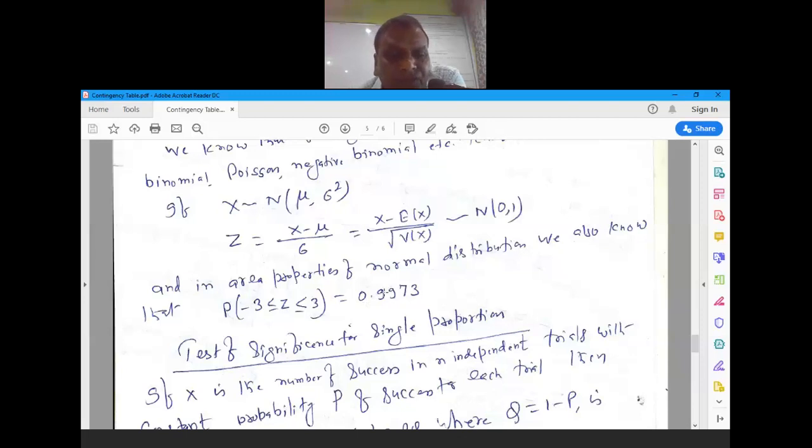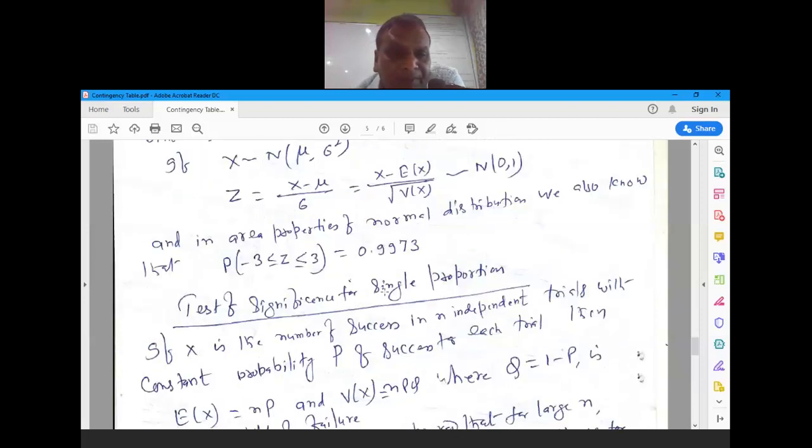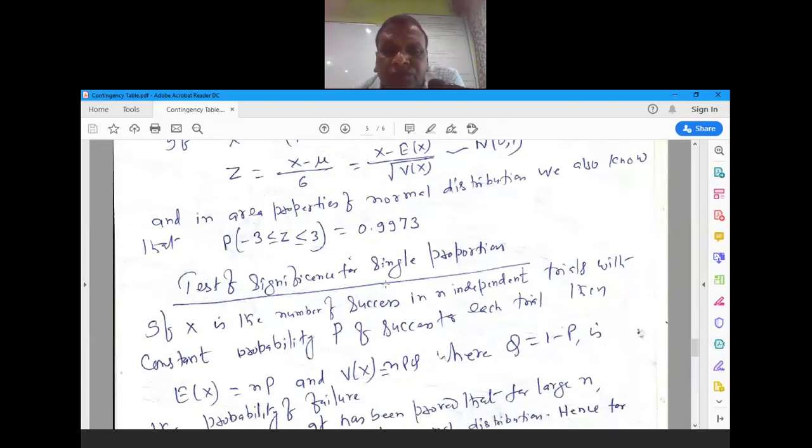Under Z test, the first application we will discuss is test of significance for single proportion. So under Z test you may write test of significance for single proportion.